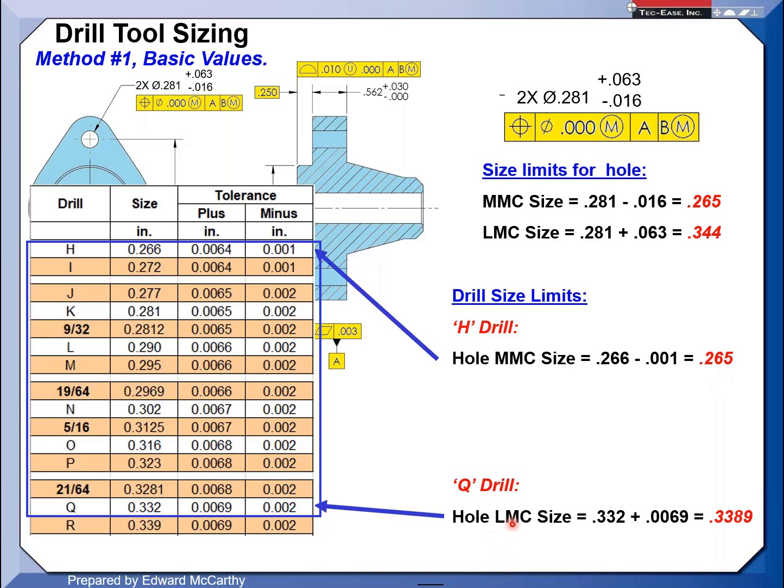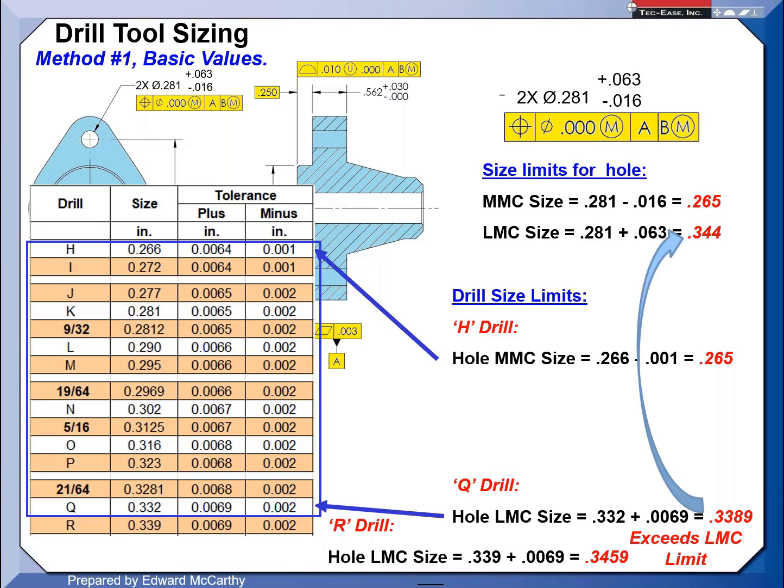Well, if you see here, based on producibility, if you round this up, it definitely would be compliant. Now, if they did try to bump it up, I look at the extreme values: if they did use an R drill in this case, based on producibility, they might exceed the drawing requirements, in other words, larger. So again, this would be a manufacturing decision.